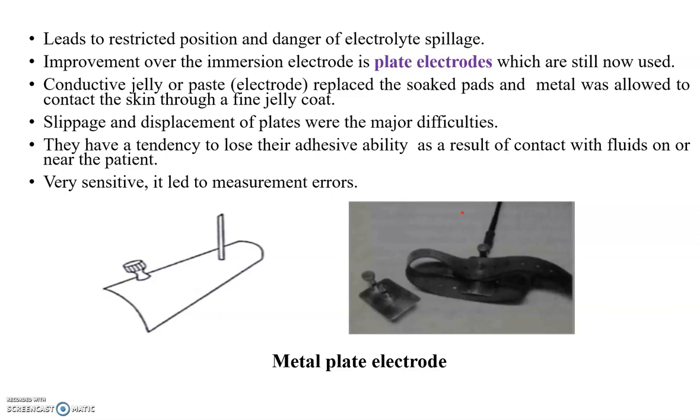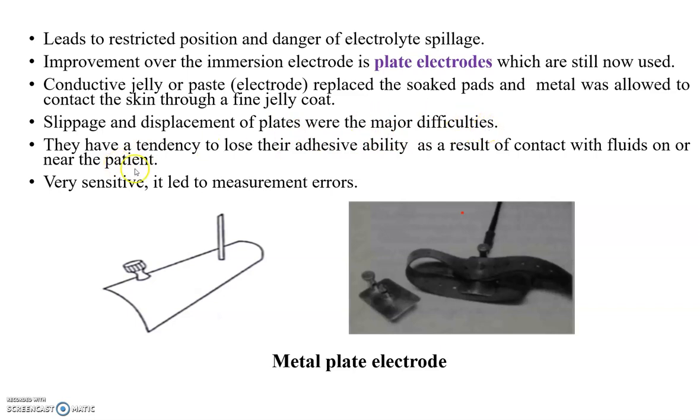Later, a conductive jelly or paste replaced the soaked pads, and the metal was allowed to contact the skin through a fine jelly coat. With these plate electrodes, slippage and displacement of the plates were the major difficulties.